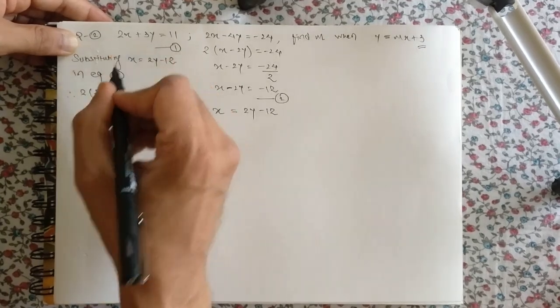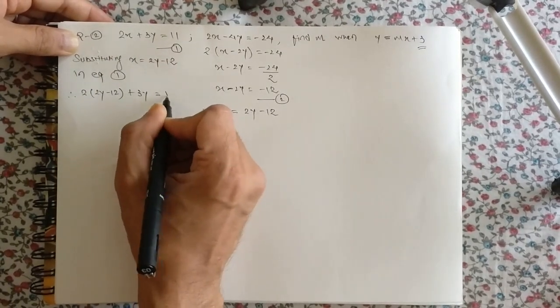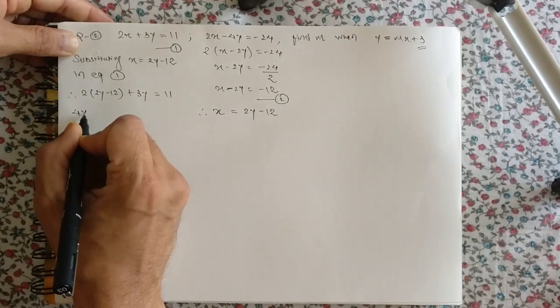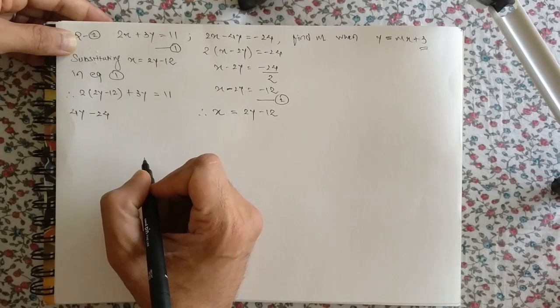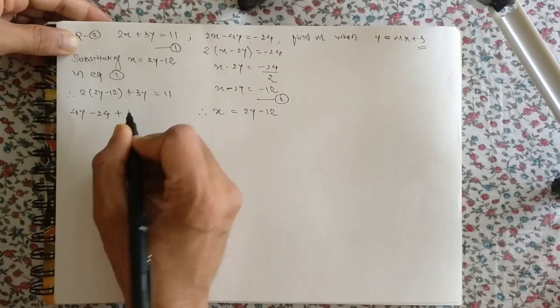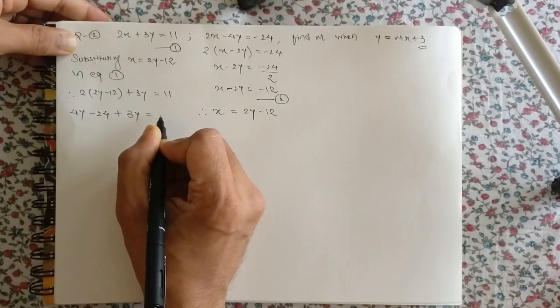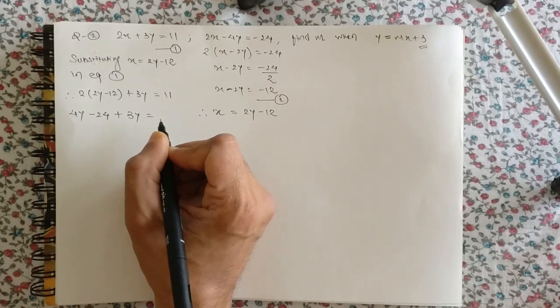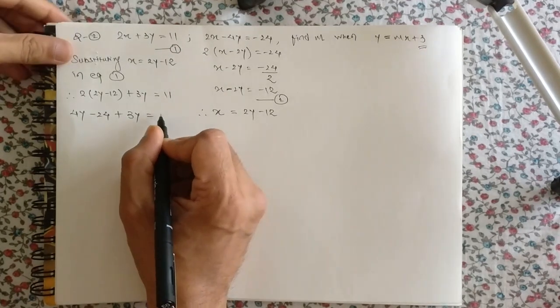I just replaced x with 2y minus 12, plus 3y is equal to 11. So 4y minus 24 plus 3y is equal to 11.